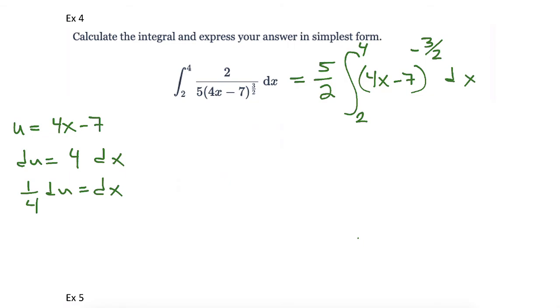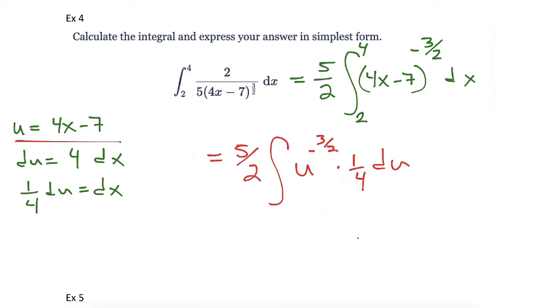So if I rewrite this integral, this is going to be 5/2 times the integral, and I'll deal with the bounds in a second. Hopefully you kind of know what I'm doing with those bounds. I have u to the negative 3/2 times 1/4 du. Now let's deal with those bounds. Notice here's u.